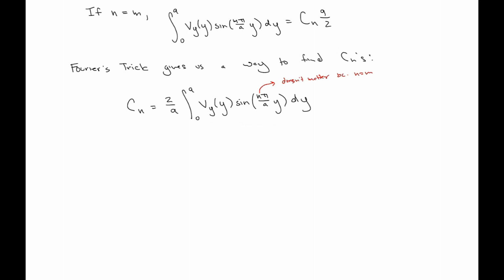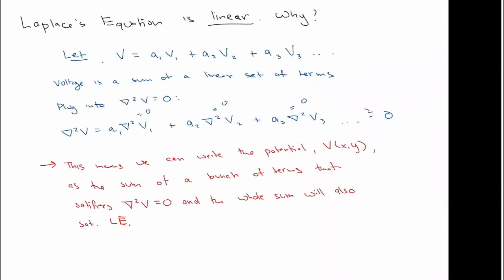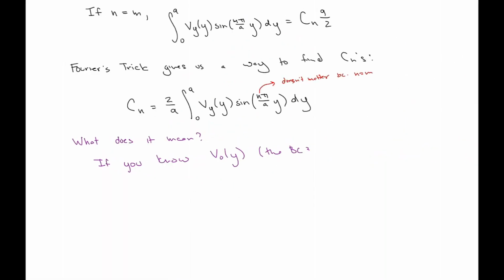Okay, so what does it all mean? If you know what you set that hot plate at, which was boundary condition 3, you can solve for the coefficient c sub n's.